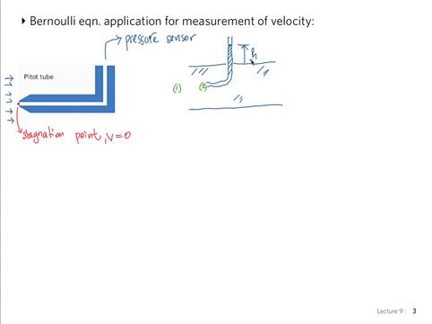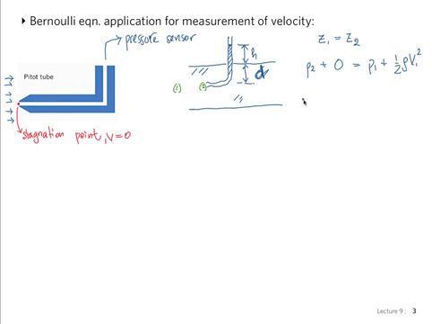Let's call this one H, and to this level let's call this one D. That could be the diameter, no, this radius. Let's just call it D. And this Z1 is equal to Z2 with good approximation. So at point 2, we have the same situation we had before. P2 plus 0, because V2 is 0, equals P1 plus 1/2 rho V1 squared.